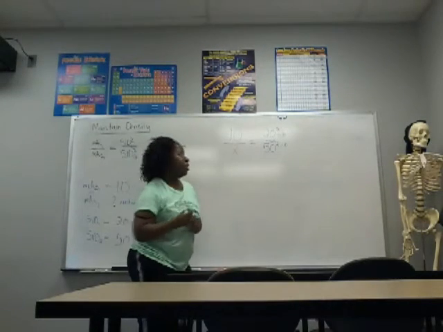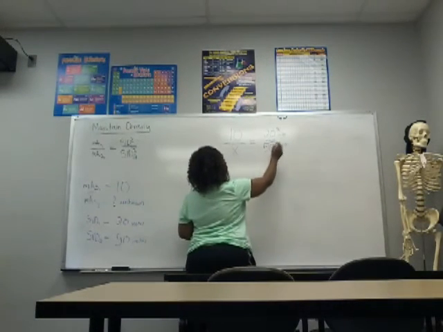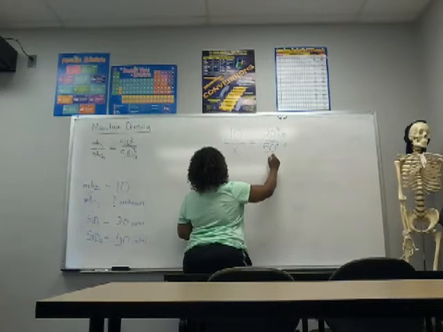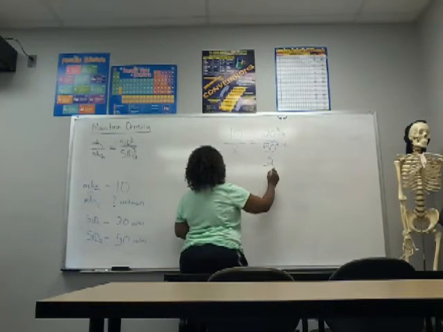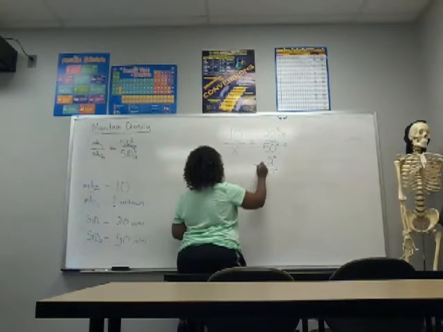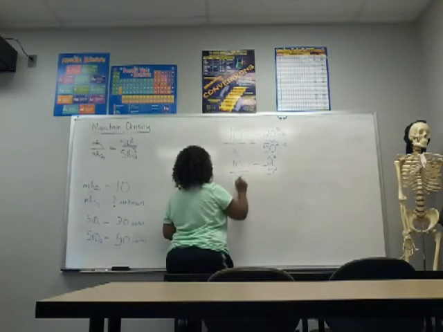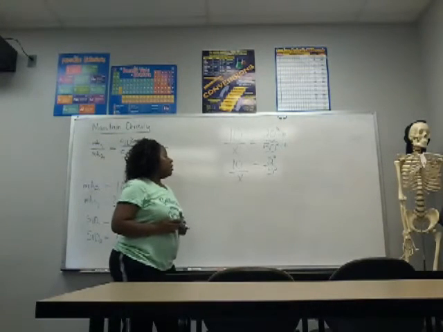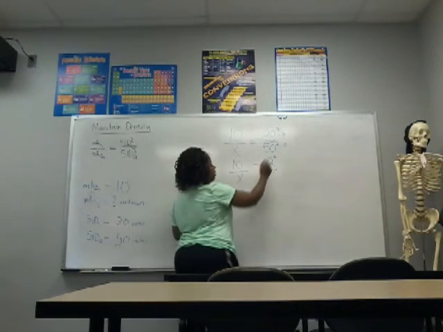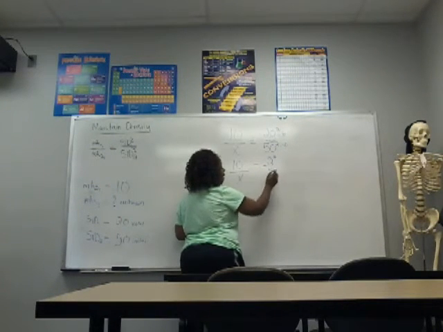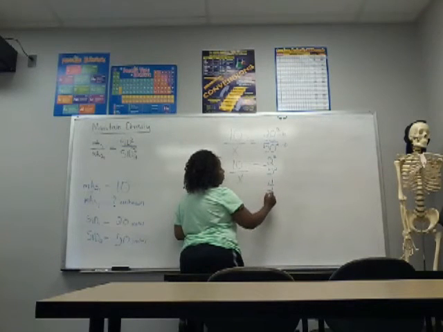I'm going to do that before I square things. So 20 divided by 10 gives me 2, and 50 divided by 10 gives me 5. I still have to square everything before I move on. So when I square, 2 times 2 is 4, 5 times 5 is 25.